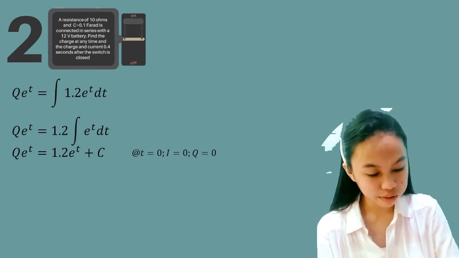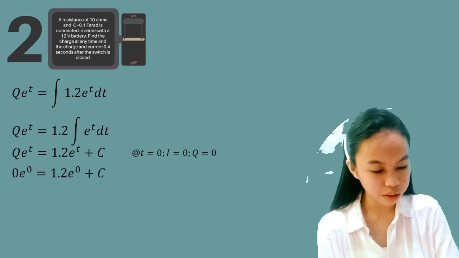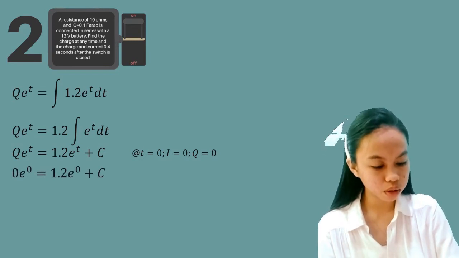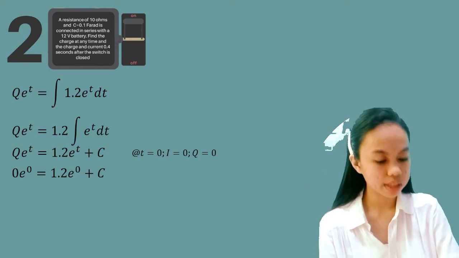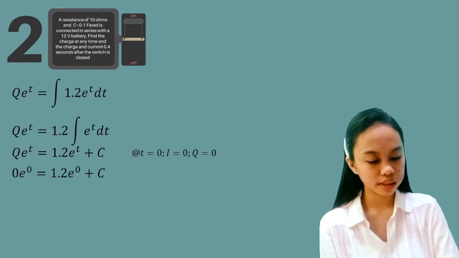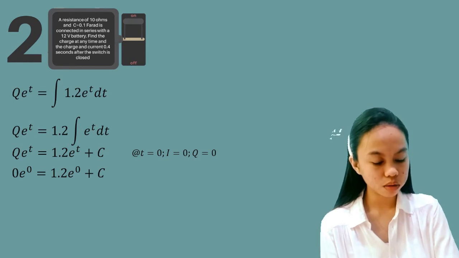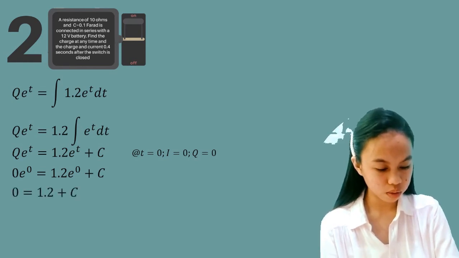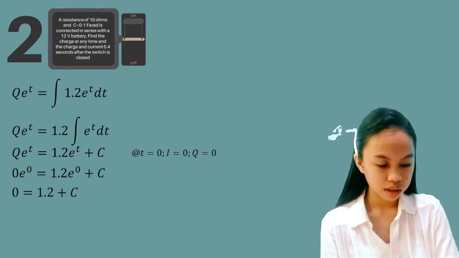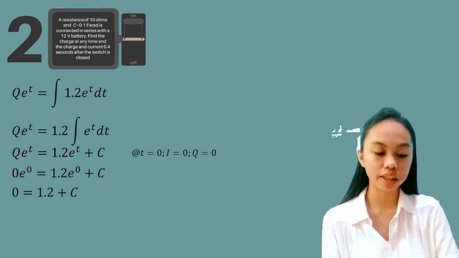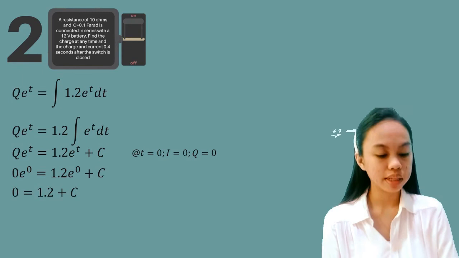We have 0 times e raised to the power of 0 equals 1.2 e raised to the power of 0 plus c. So this is 0 times 1, so 0 equals 1.2 times e raised to the power of 0, which is equal to 1, so we will not write it anymore. So 1.2 plus c.